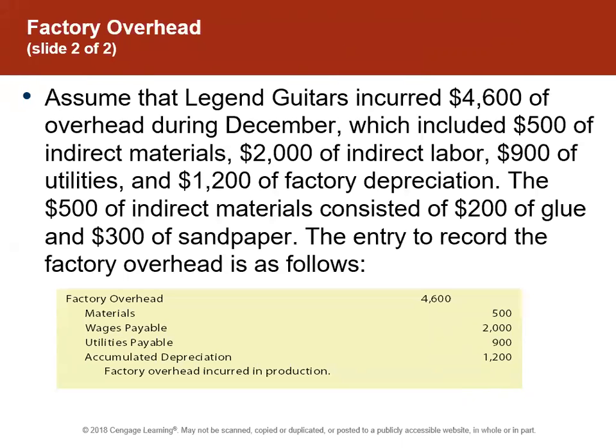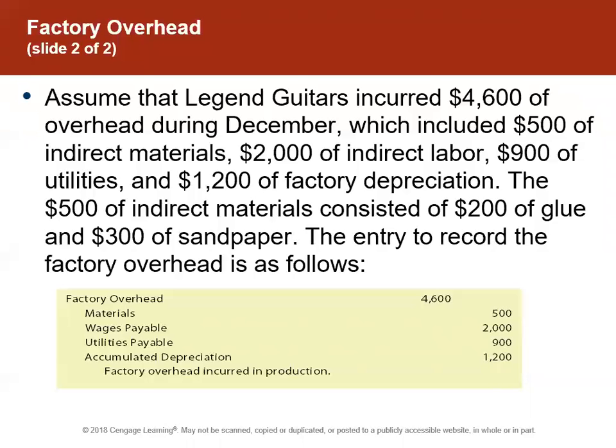Factory overhead account, in this case, it says we incurred $4,600 of overhead during December. $500 of that was indirect materials, $2,000 indirect labor, $900 utilities, and $1,200 factory depreciation. And it tells us our indirect materials were glue and sandpaper, just to support what we were doing.